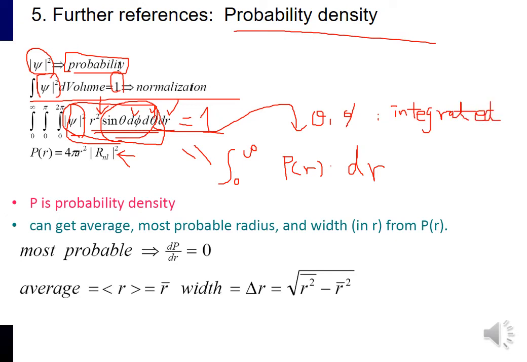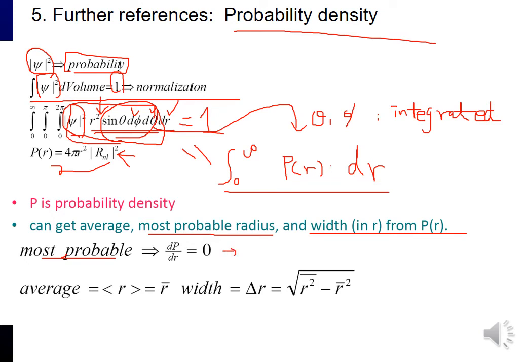And we only care about the r dependence because it is the most important part. Then this P(r) can be written like this. P is the probability density, and you can get the average, the most probable radius, and the width. The most probable radius is when dP/dr is equal to 0.